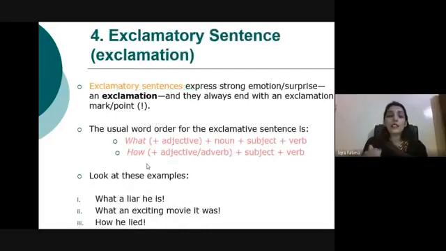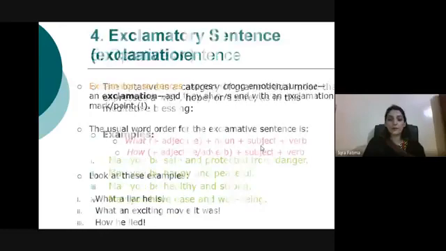The fourth type of sentence is the exclamatory sentence, in which you share your feelings and emotions, and these sentences end with an exclamation mark. The structure of these sentences could be what plus adjective, noun, subject, and verb.